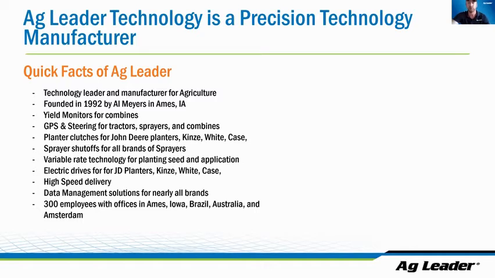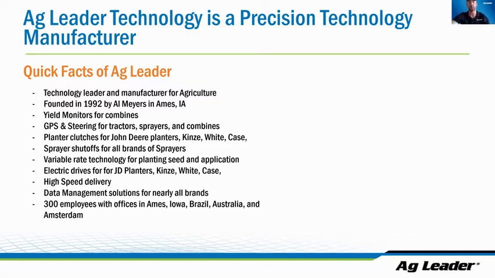So we have the tools to make sure that we're planting more efficiently and operating more efficiently. We also have high-speed delivery systems, and we do data management. So whether you have a smartphone, tablet, computer, you name it, you can do Ag Leader right from your phone anywhere in the world. So lots of cool stuff.